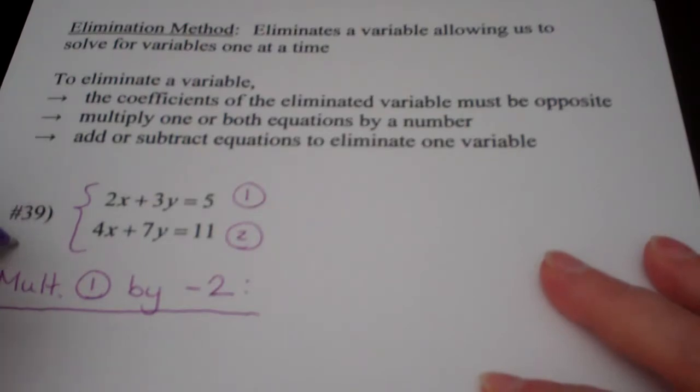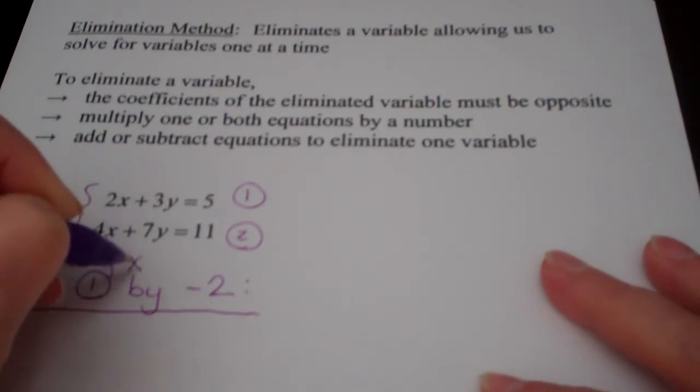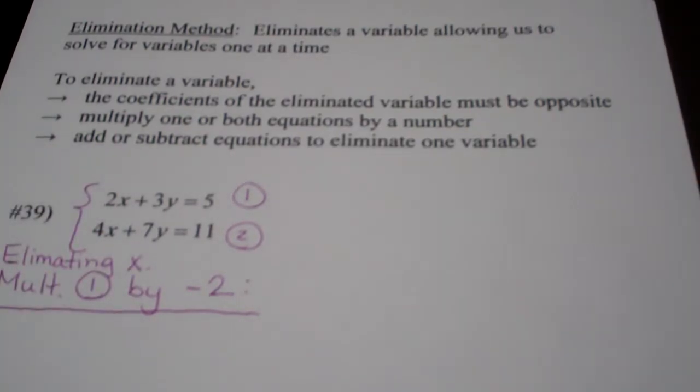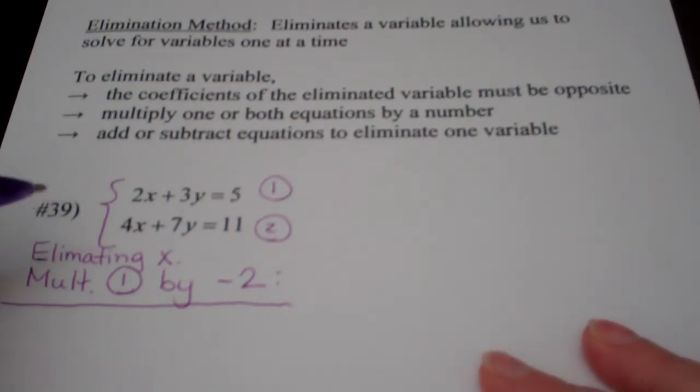Okay, so I probably should have written above that here that we are eliminating x, right? And you could have chosen to eliminate y. The problem would have looked a little bit different, but really not much. And we'll definitely get the same answer whatever route we choose, as long as we operate correctly.